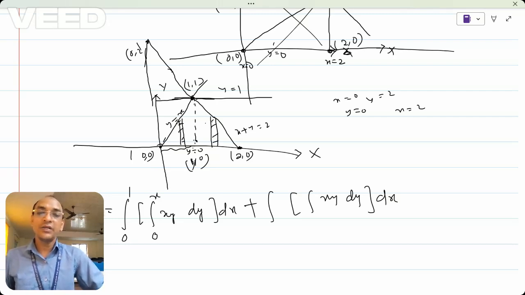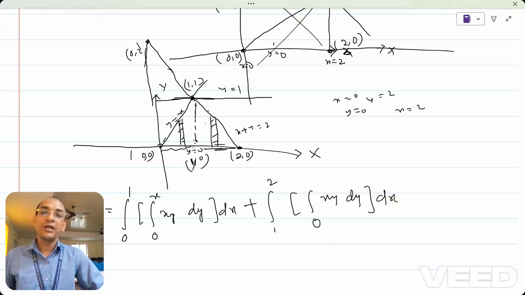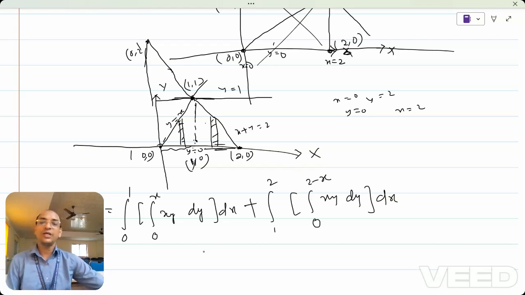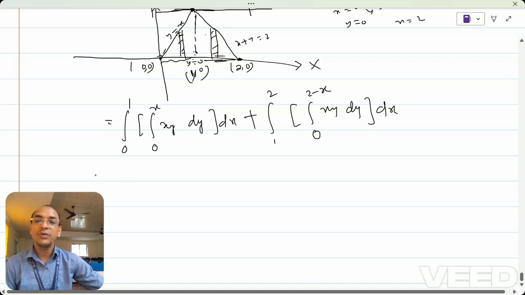In the second region, the limit of x is from 1 to 2, and the lower limit of y is 0 because it is the x-axis, and the upper limit in terms of x is 2 minus x. Now we will evaluate these two integrals, and that will give you the answer.